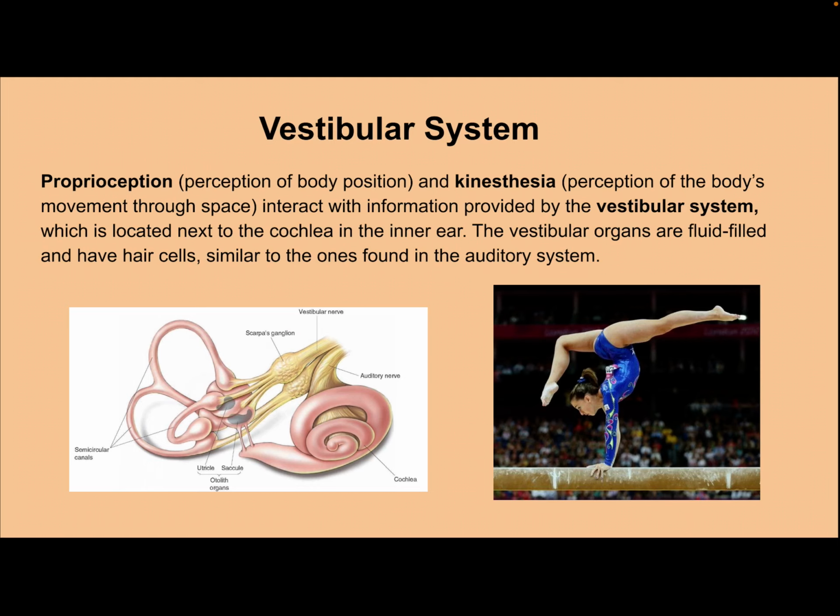So just like our vision relies on the information provided by our eyes, and our sense of smell relies on the information given to us through our nose, the vestibular system provides the information that we need for proprioception and kinesthesia.